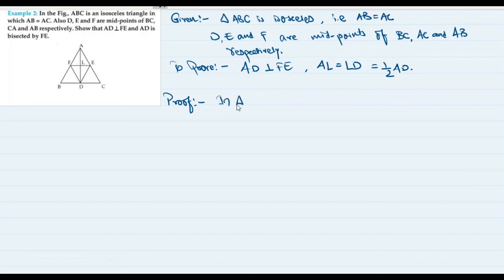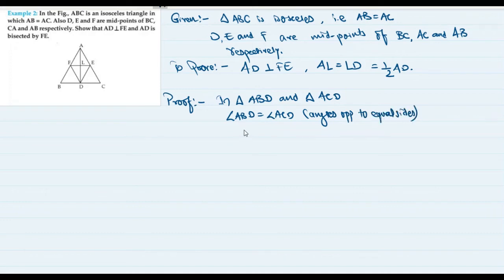So in triangle ABD and triangle ACD, angle ABD is equal to angle ACD, angles opposite to equal sides, AB is equal to AC, given, right?